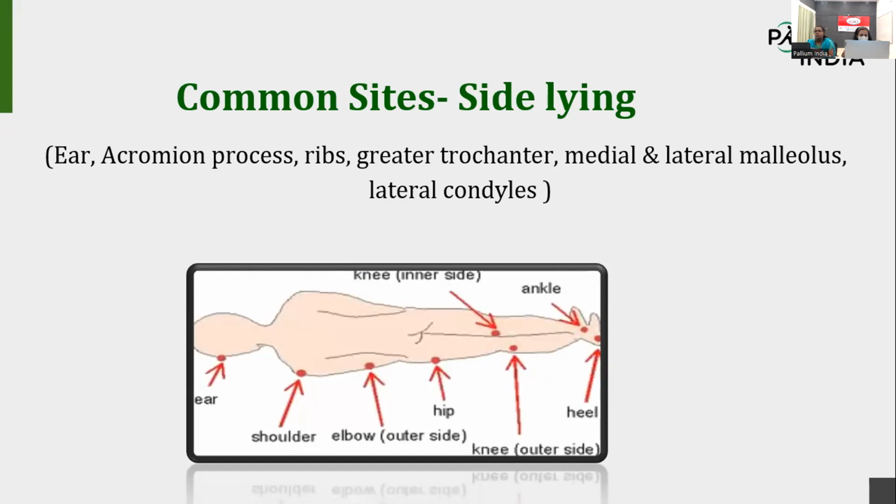If friction happens there, that area will develop pressure ulcer. So always keep a small pillow or folded sheet between the knees when the patient is in right lateral or left lateral position.